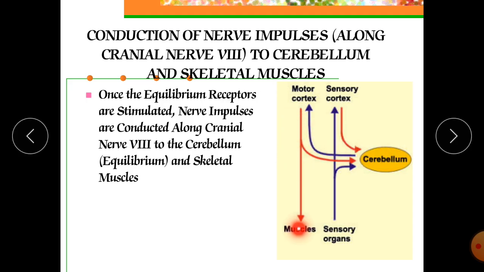They give orders to the muscles on where to stand and where to land. That typical decision can be made by our brain, meaning the cerebellum and the cerebral cortex. In this fashion our body is balanced.